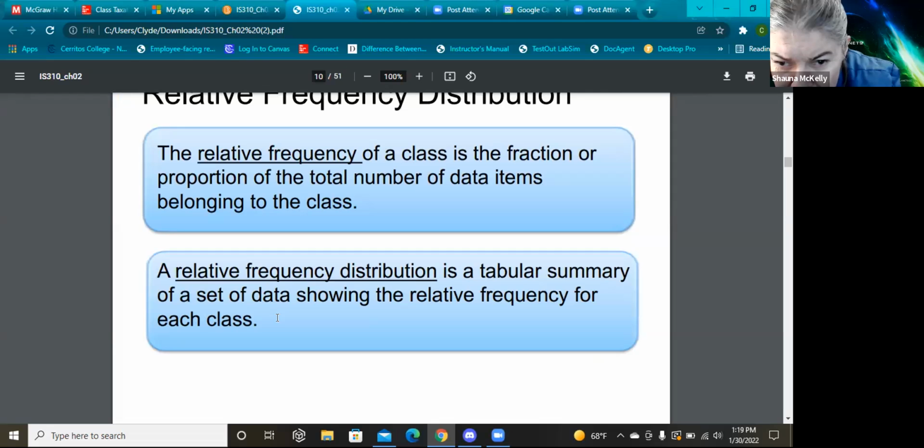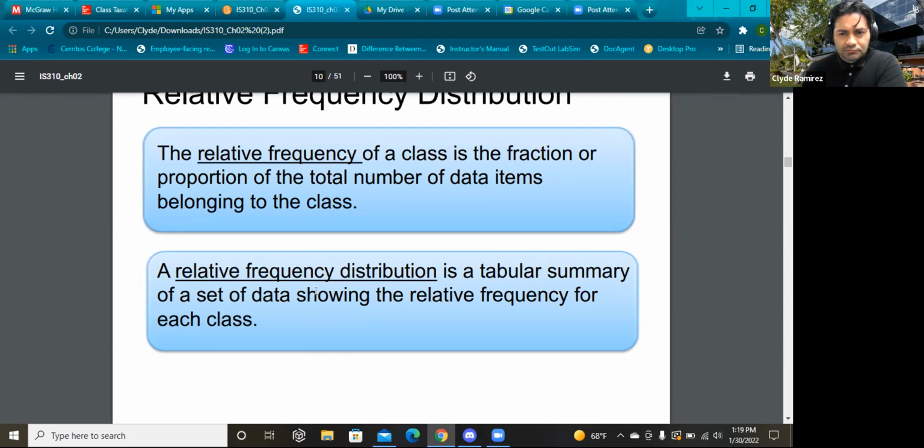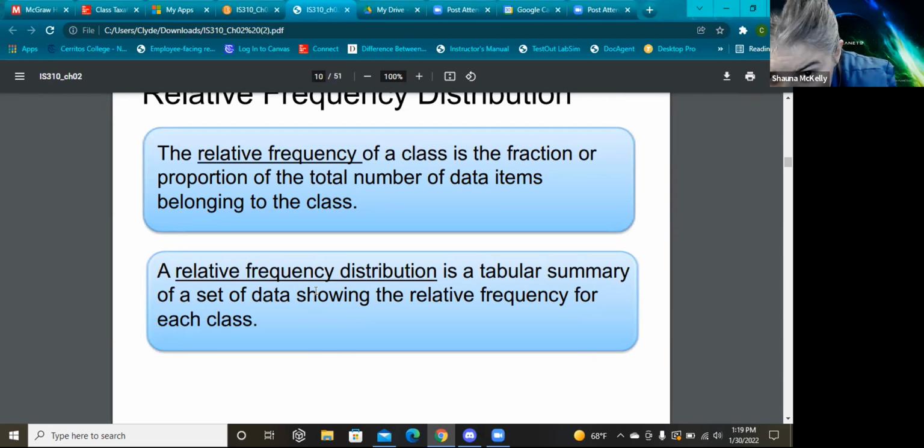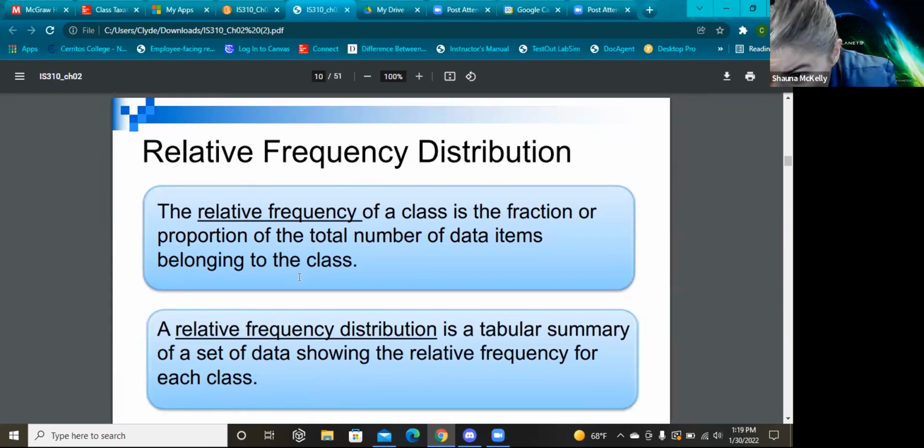And then we do the same thing with, now you were asking me about the formulas and how we do it. This is a statement of the formula. It doesn't give you the formula as a mathematical formula, but it tells you what it is. The relative frequency of a class, of a group, like the below average or the average, is the fraction or the proportion of the total number of data, so that would be 20 in our last example, belonging to that class.